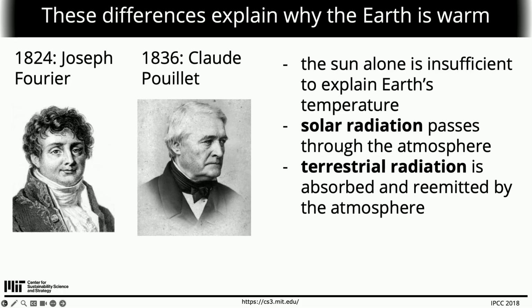And they built on this idea initially presented by Aimé Mariette that sunlight is able to pass relatively easily through the atmosphere, just like it is for glass, whereas terrestrial radiation is being absorbed and then re-emitted by the atmosphere. So there's this key difference between these two types of radiation. However, at this point, it was not entirely clear why terrestrial radiation was interacting with the atmosphere in this way. We just knew that it was, and that it was keeping the Earth warm.